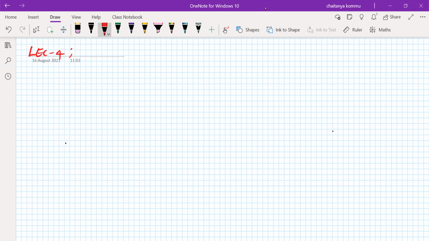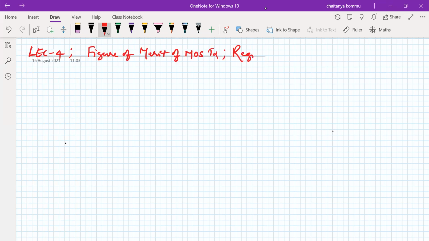We talk about figure of merit, MOS transistor, and region of operations. So these are the topics that we would like to do in this class.